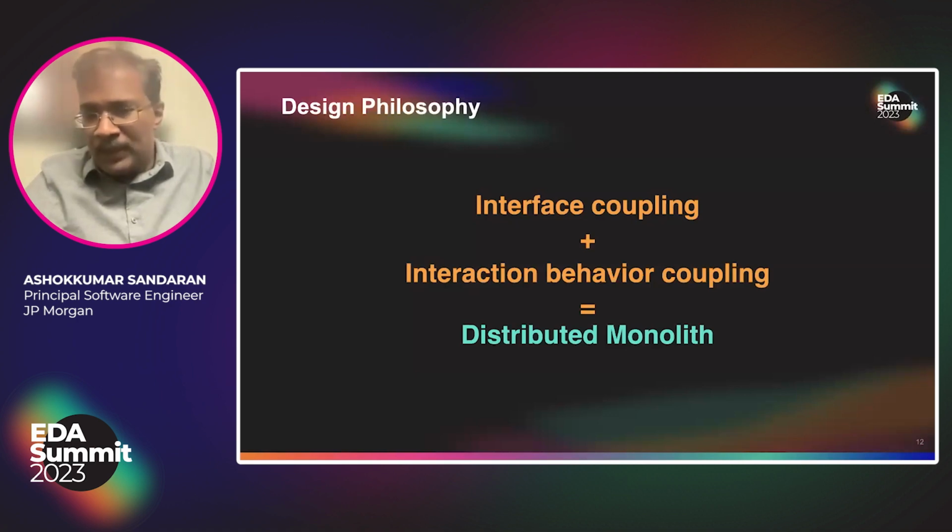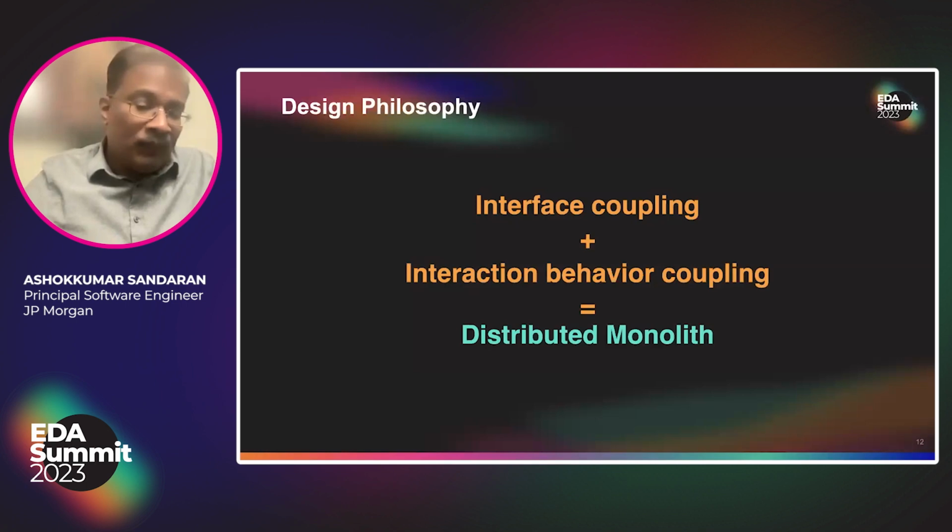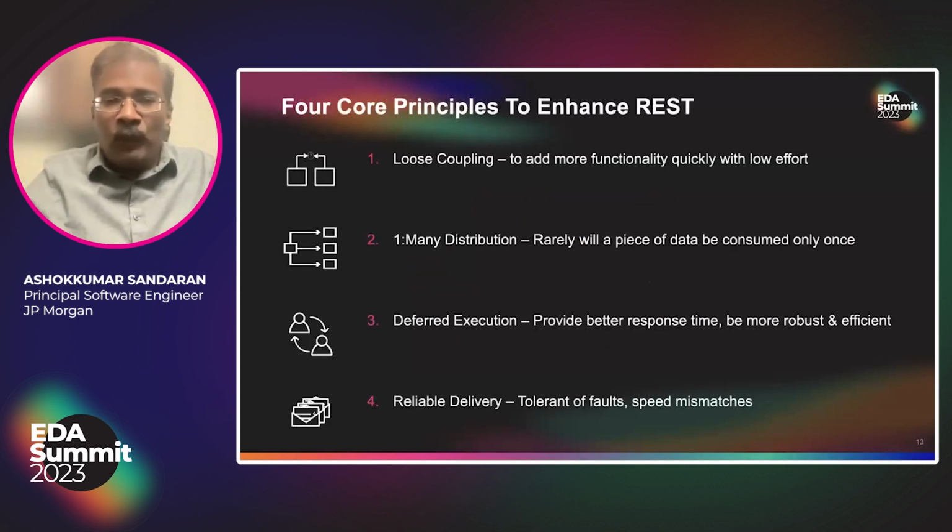It's a very famous terminology, where people break up into microservices but keep the interaction synchronous. It is not going to yield them any benefit. So how do we break this? The way we broke it, we looked at some core principles that we need to adopt. It has to be loosely coupled.